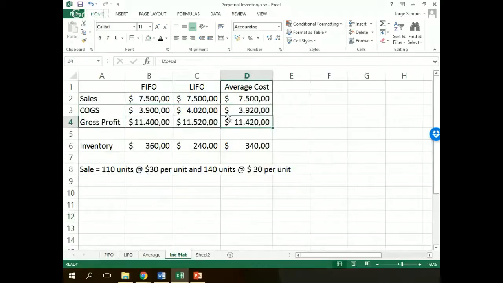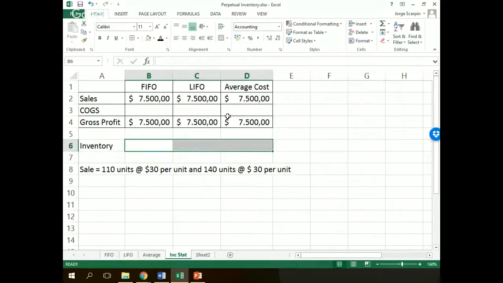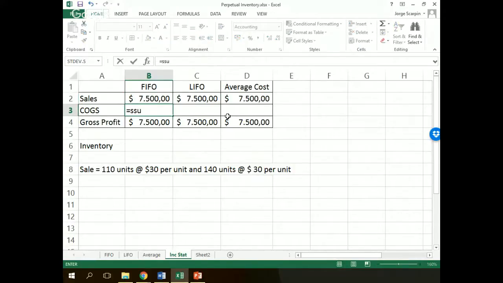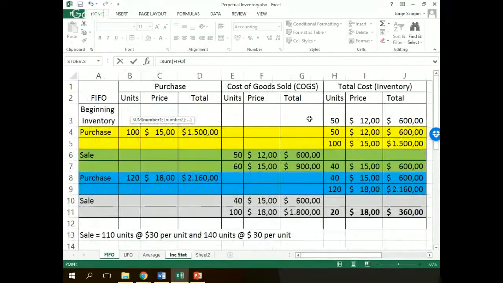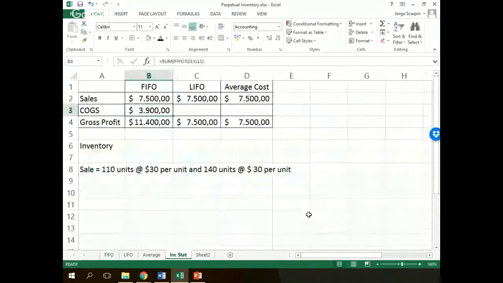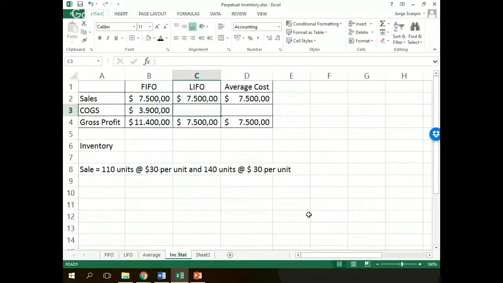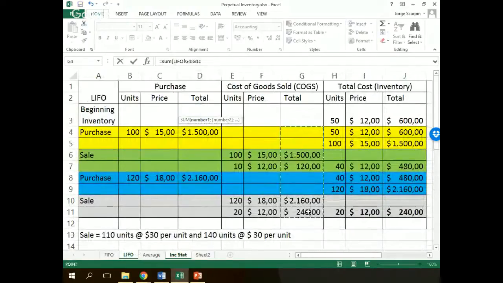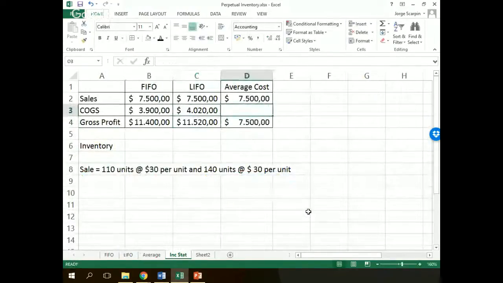And our income statement. Sales, 110 plus 140 times 30, $7,500. Cost of goods sold is the sum of our cost of goods sold. FIFO, 3,900. LIFO, 4,020.